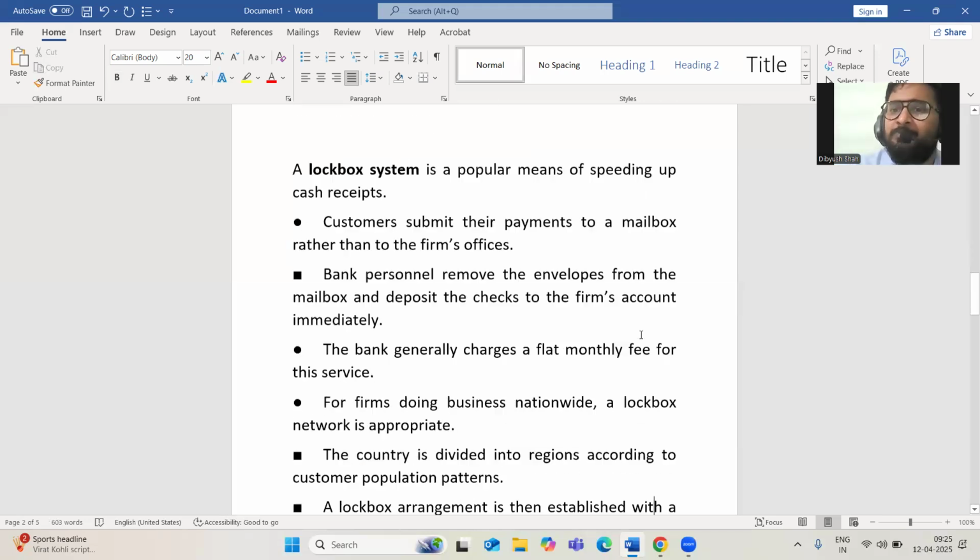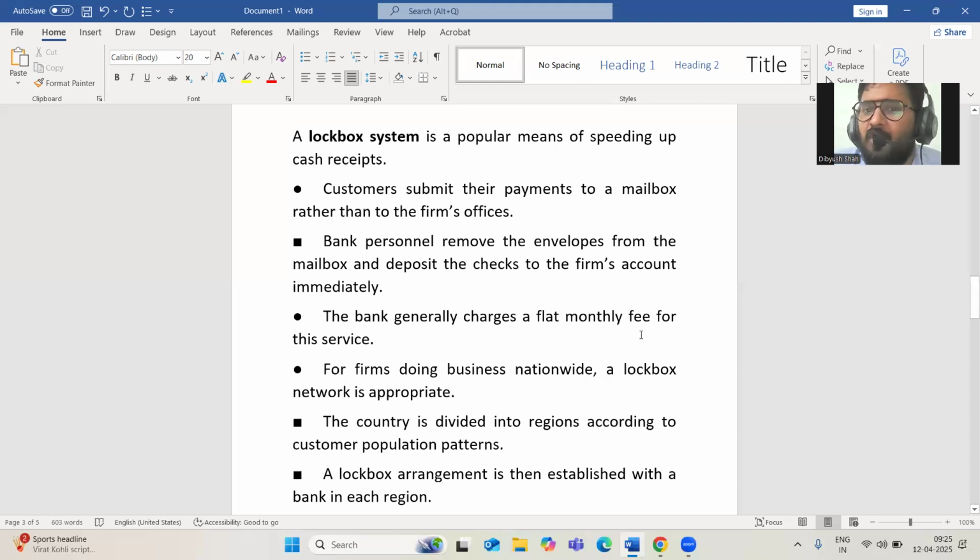One of the most popular ways that companies use is the lockbox system. Customers submit their payments to a mailbox rather than to the company's offices. Bank personnel will directly go and remove those checks from the mailbox and deposit them to the firm's account immediately.